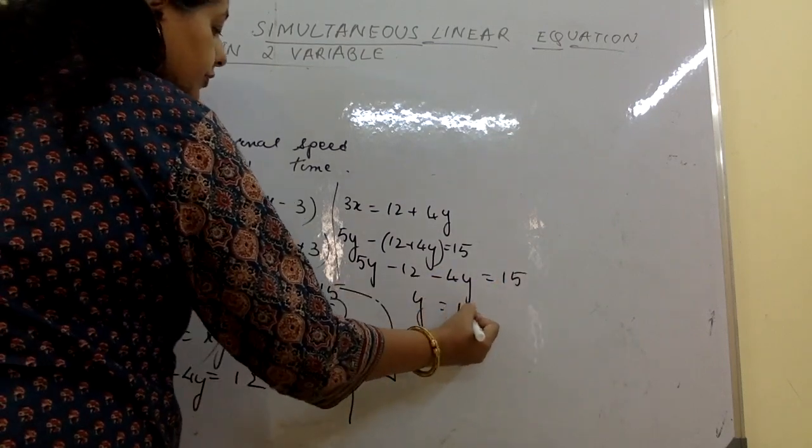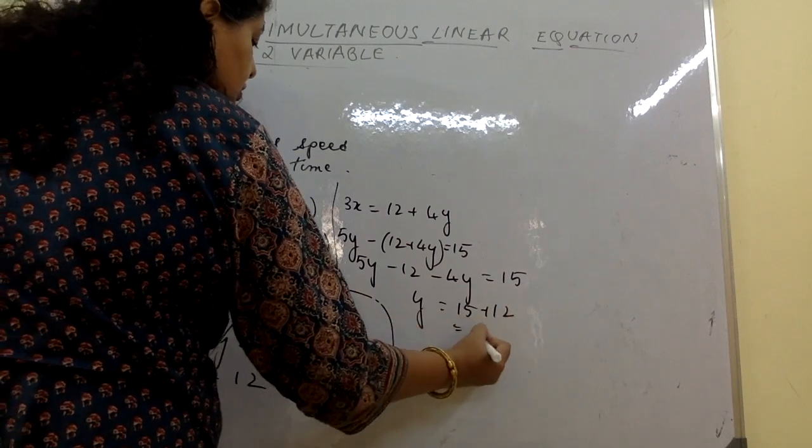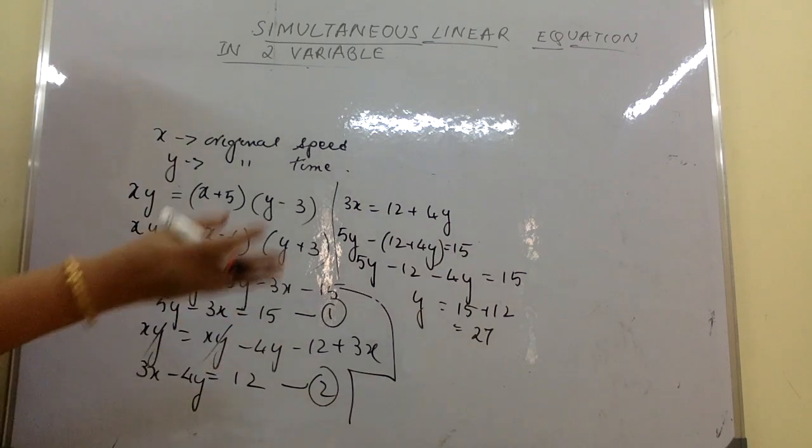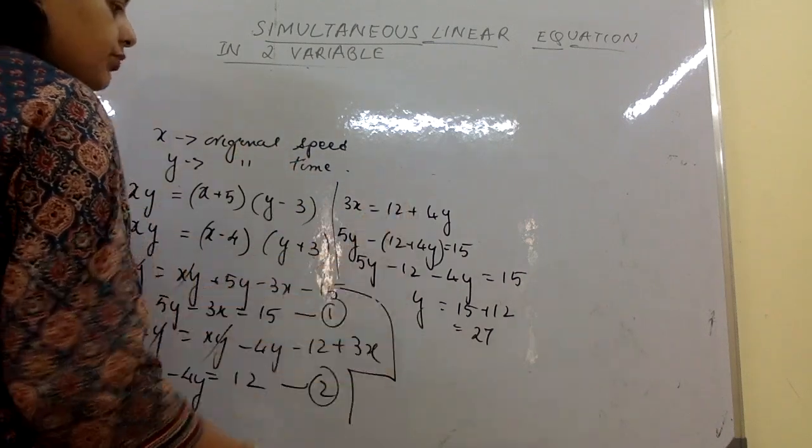Y is equal to 15 plus 12, which is 27. So y is 27, which is my time. Okay, so which is the time, and now let me get the x. So I'll put it in any one equation, the simpler one.